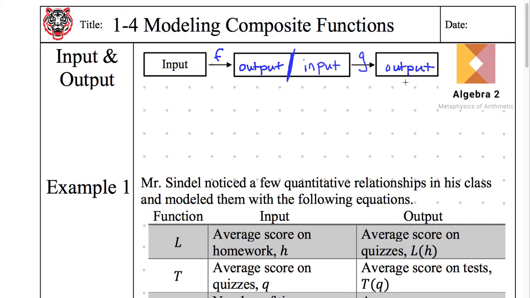The units here matter. Units are suddenly super important, and I will tell you why. If I have an output here, I guess this is the most important part, draw arrows to here and here.